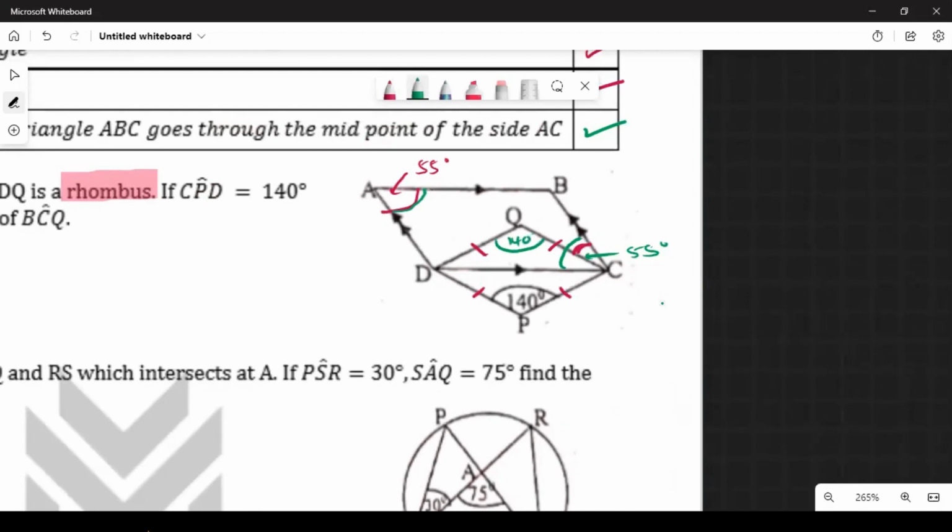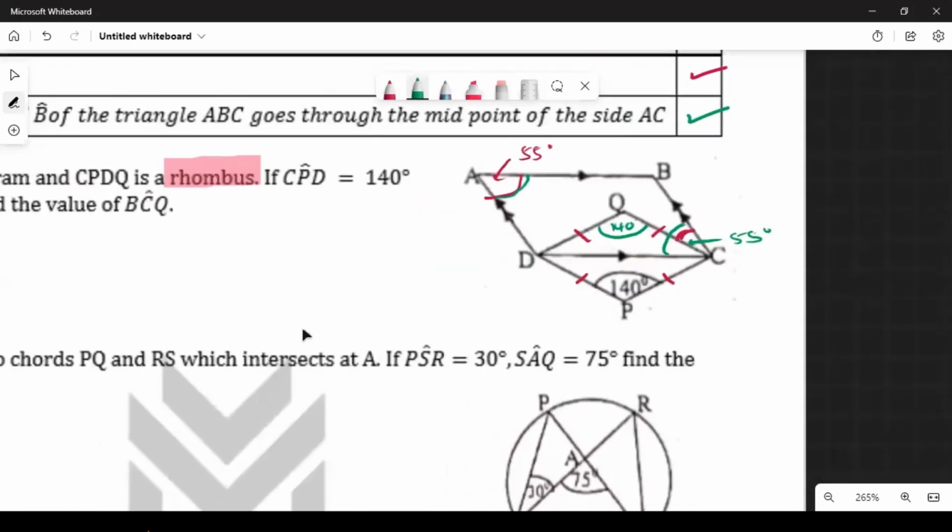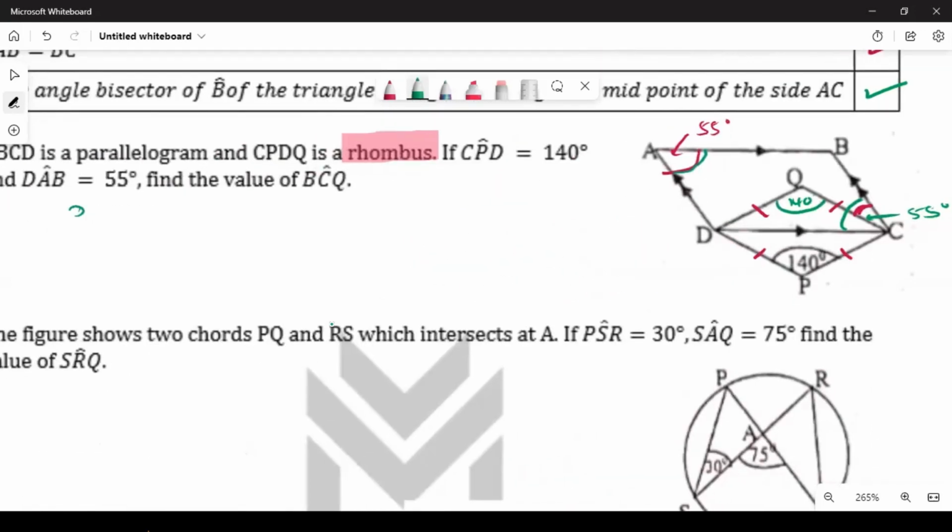If opposite angles are equal, and you can see this QDC triangle. Take this QDC triangle. It is an isosceles triangle, right? In that isosceles triangle, listen carefully.